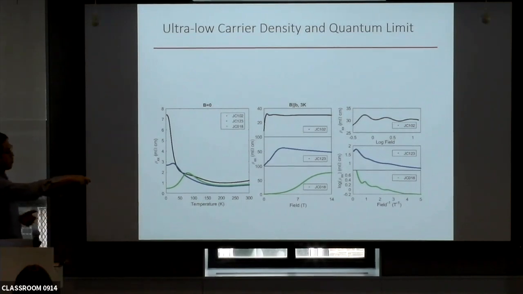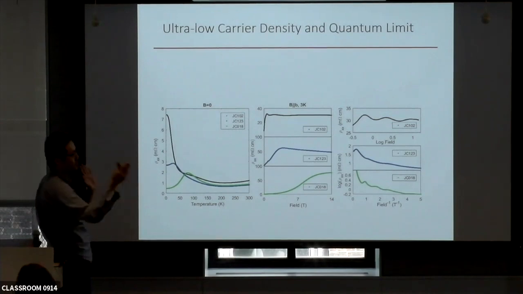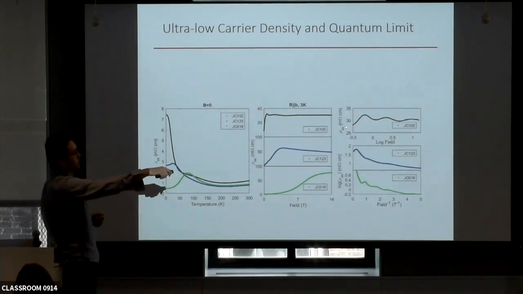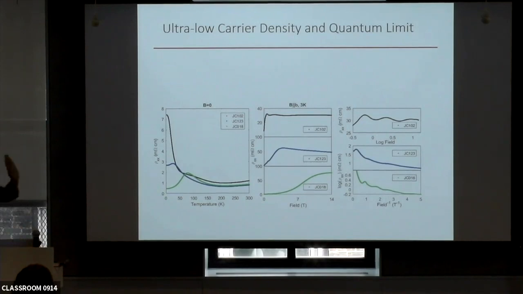And for this black crystal, you're no longer seeing quantum oscillation. You probably reach the quantum limit as low as 0.1 Tesla, and then you begin to see some very weird log B oscillations in the ultra quantum limit. This is something very interesting, but I won't discuss more in this talk.